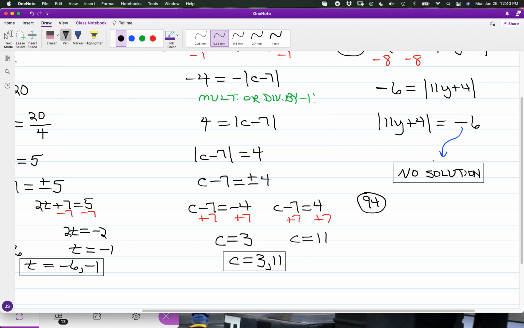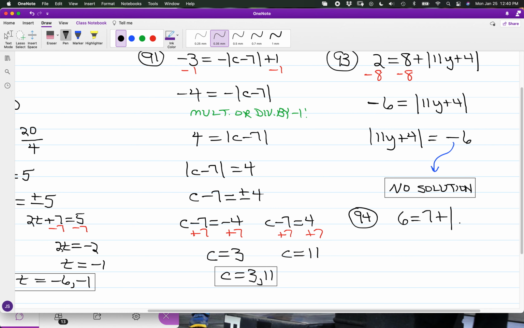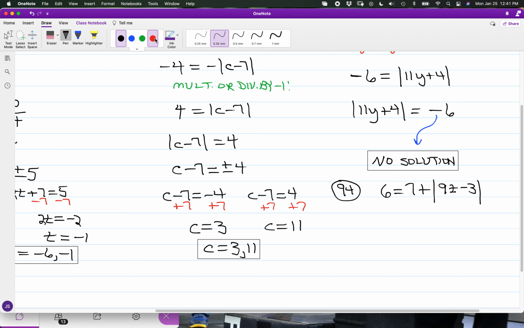In the case of number 94, we're looking at solving for z, whereupon we have 6 is equal to 7 plus the absolute value of 9z minus 3. Getting the absolute value term by itself, you notice we had before a number on the right hand side in front of the absolute value term, so we have this bit of history to repeat. Just as I had done with 8 in the previous problem, I'm going to do likewise with 7. Subtracting, we have negative 1 is equal to the absolute value of 9z minus 3.